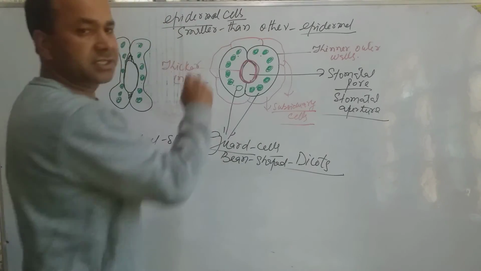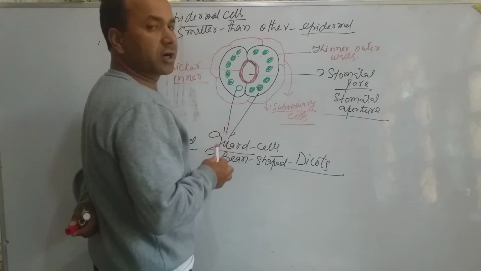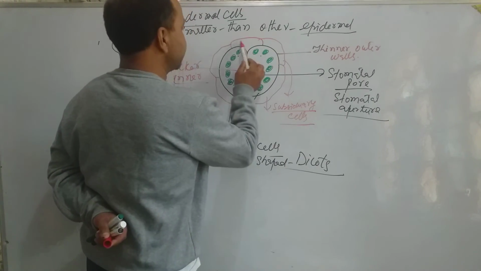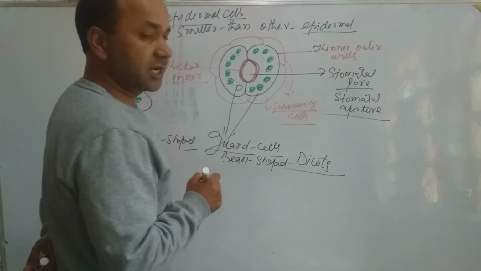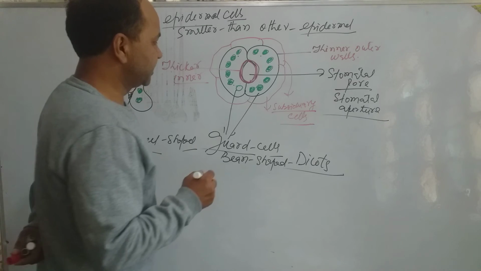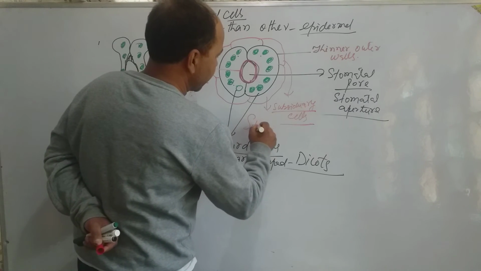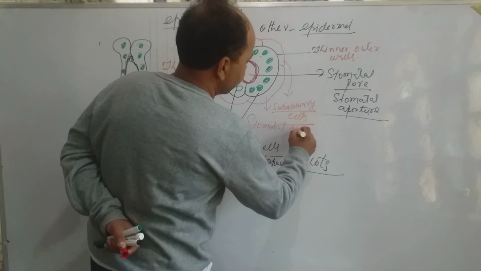This whole structure, that is the stomatal pore, these two guard cells and the subsidiary cells together, forms an important structure associated with the transpiration of water and the exchange of gases. This whole structure is known as the stomatal apparatus.